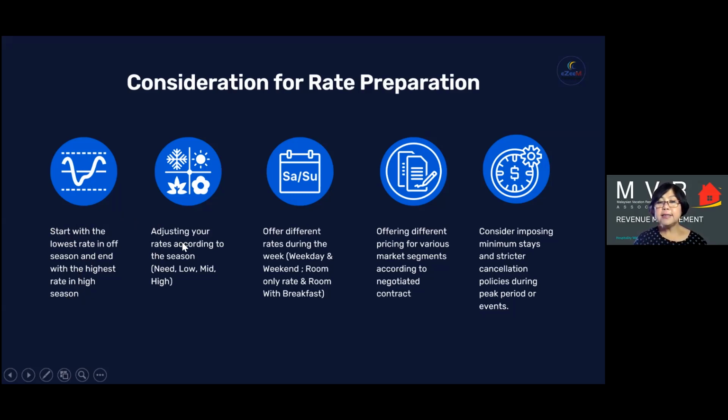Then you adjust the rate according to need: low, mid, and high, or during weekday, weekend, room-only rate, room with breakfast rate, offering different pricing structures or minimum stay as one of the conditions.